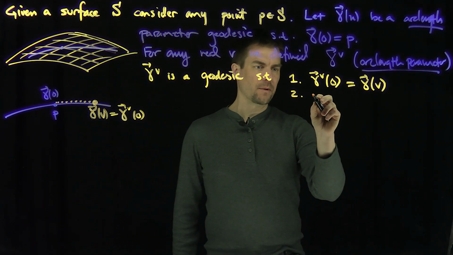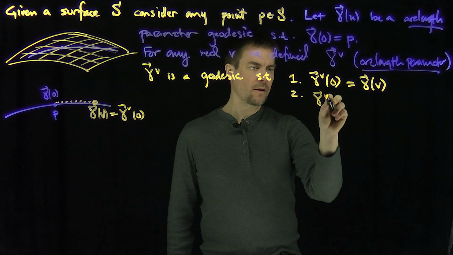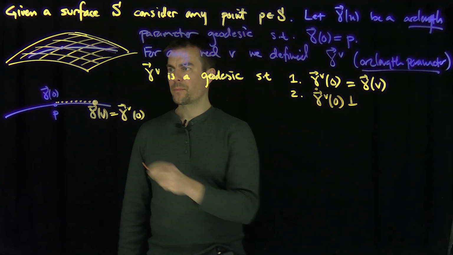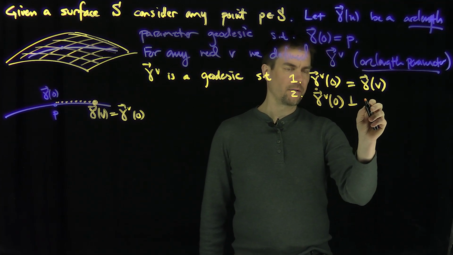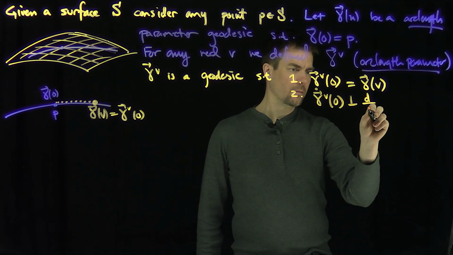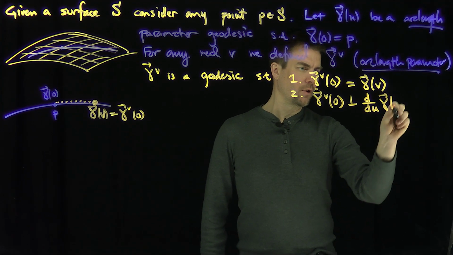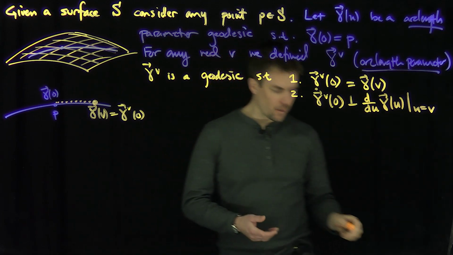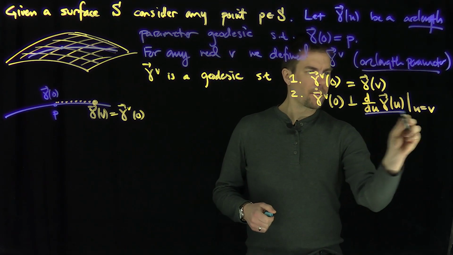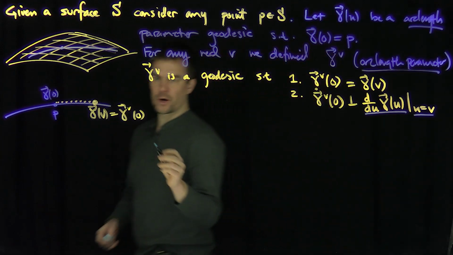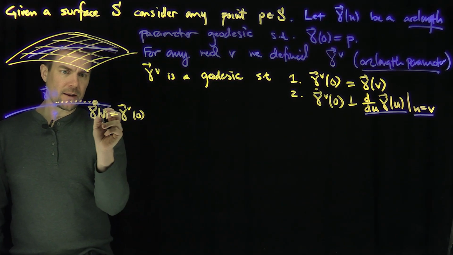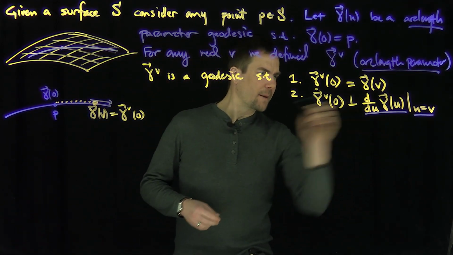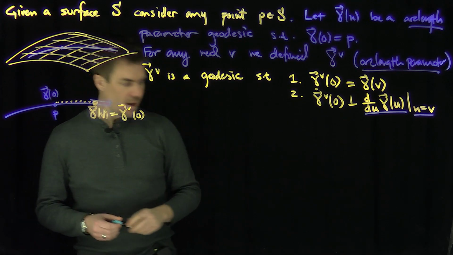I want gamma v dot at 0, that vector, to be perpendicular to d by du of gamma u at the point u equals v. So we traverse to this point over here, gamma of v, I compute the unit tangent vector.